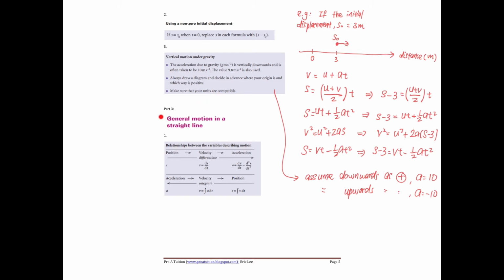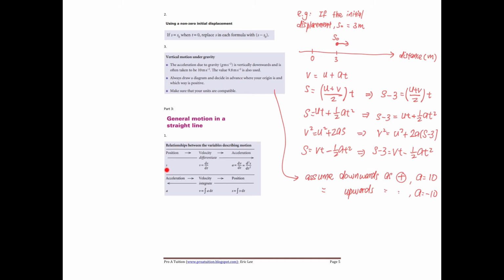Okay, so Part 3, general motion in a straight line. So this is related to differentiation and integration. So you can see here, if you have S, you can call it position, but sometimes we call it displacement also. So it depends.